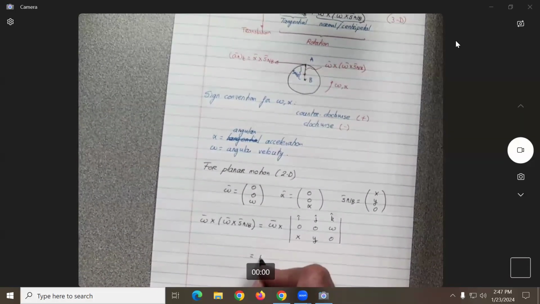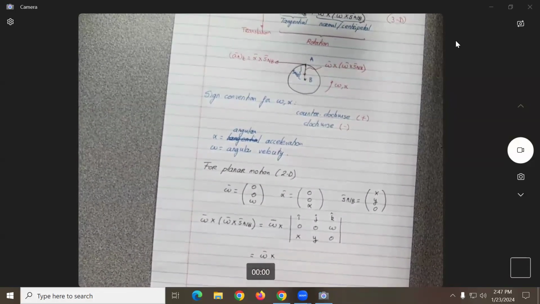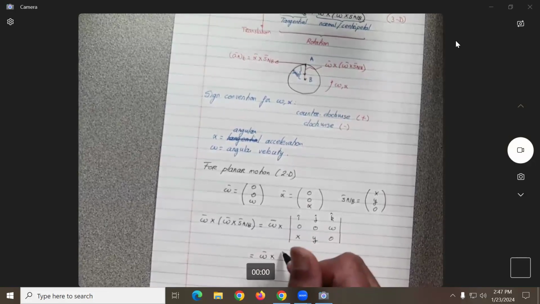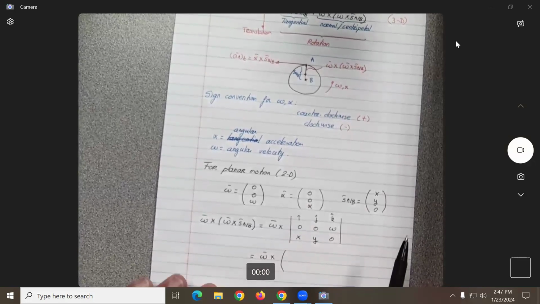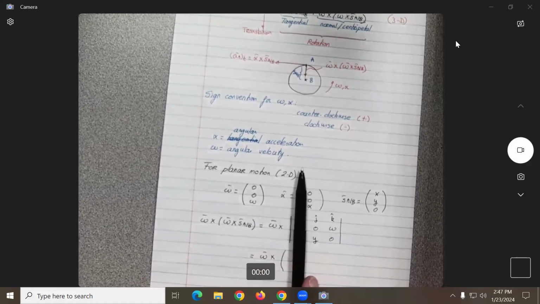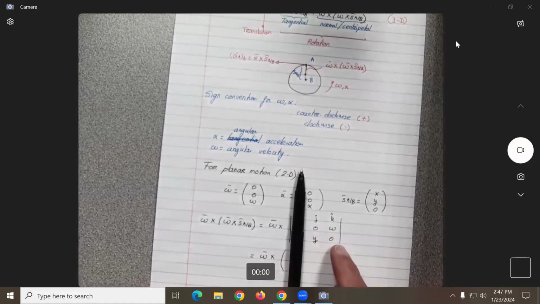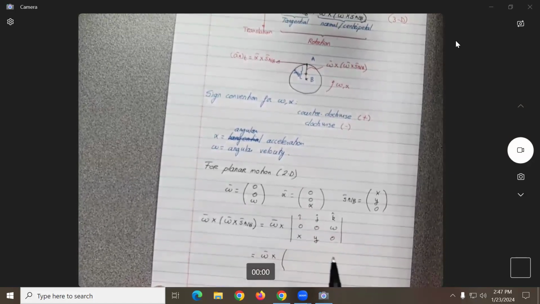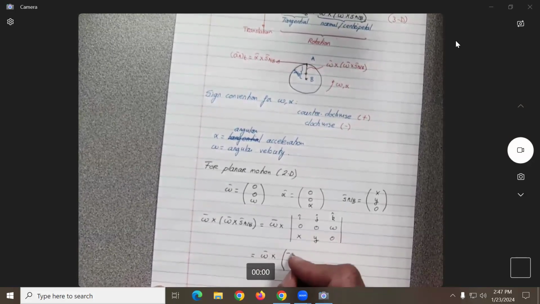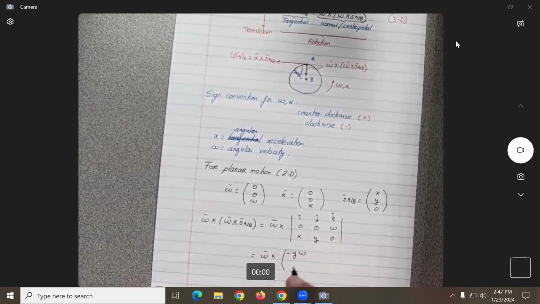I'm not too concerned with giving too much detail, but now what are you going to get over here? How do you do it? You cross this one over here, no? You do 0 times 0 minus omega times y. So it should be minus y omega.